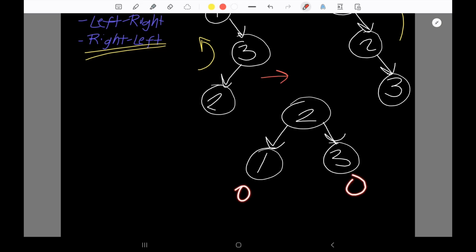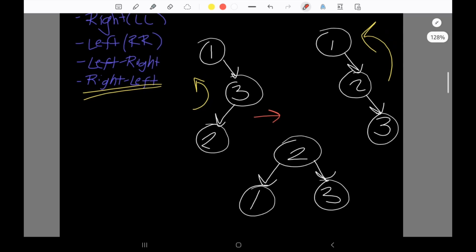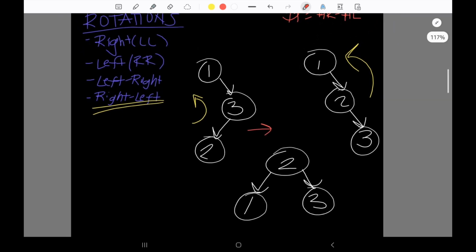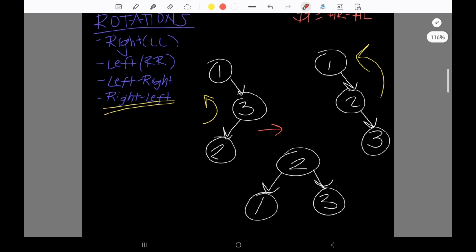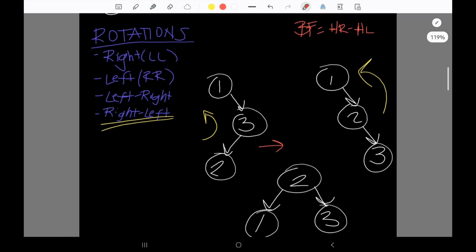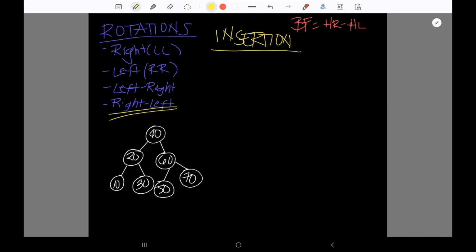So is this balanced? Let's check. 1 minus 1, 0. So it is balanced. So this tree is balanced. This is the rotation of right left. Always remember to find the balance factor and start from the bottom node.